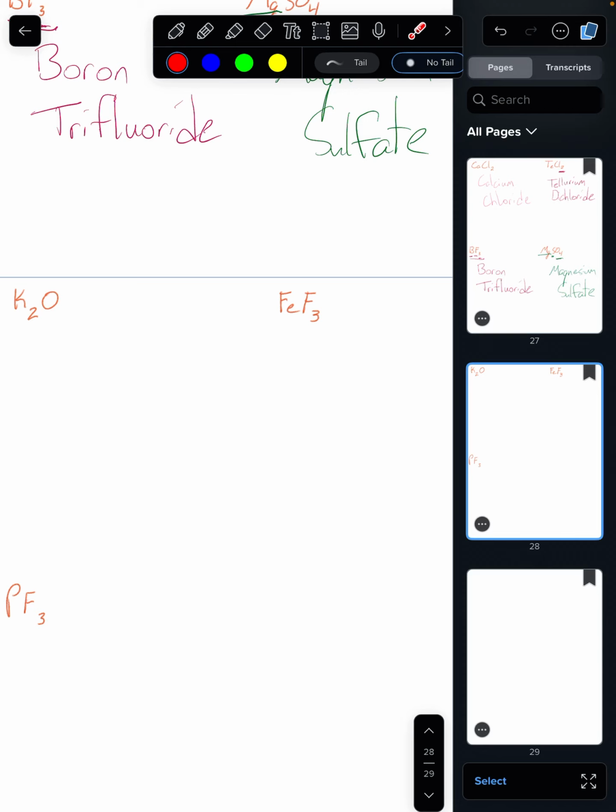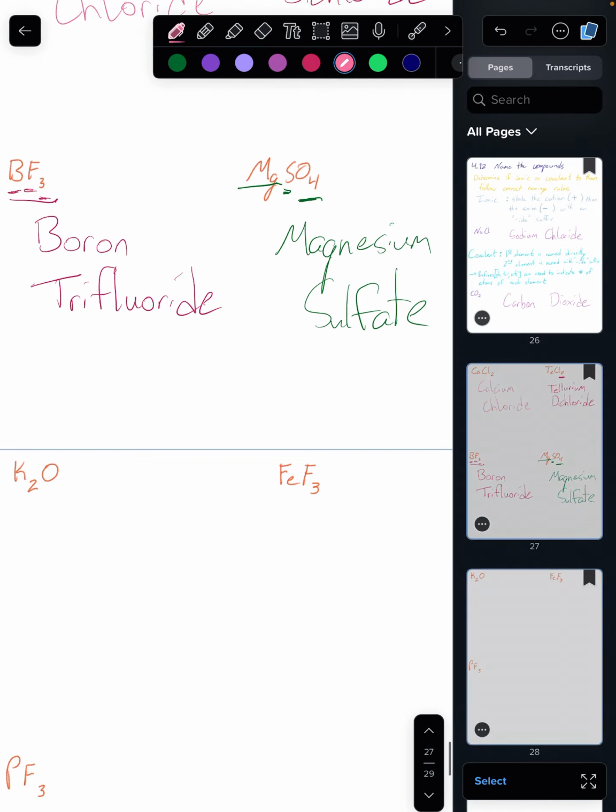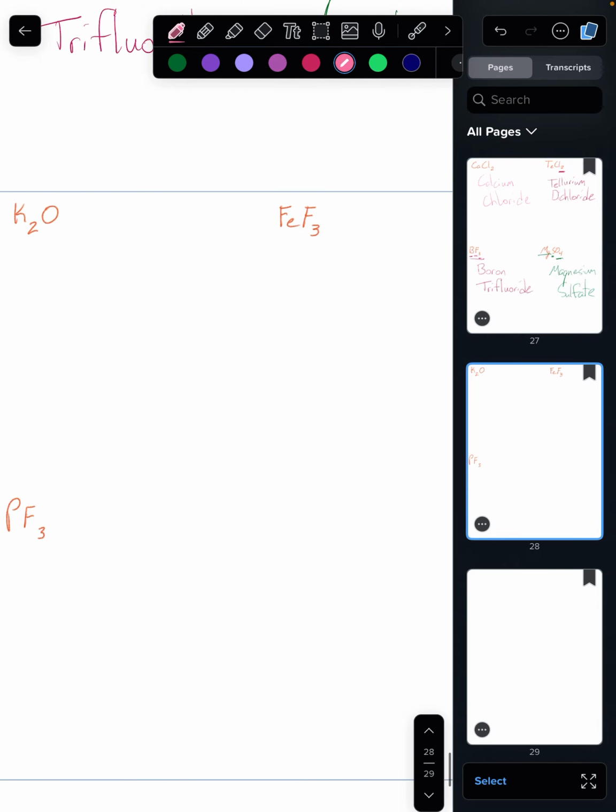So we have this one here. Potassium and oxygen. Okay? It ends up being an ionic bond. So we're going to get potassium oxide.